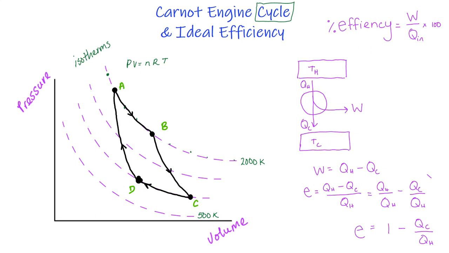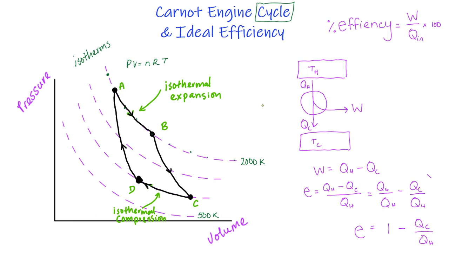What we see from state A to state B, we've stayed on the same isotherm, so this is going to be considered an isothermal process, as is C to D because it stays on its own isotherm. So this is another isothermal process. But we want to distinguish the two by the direction of this arrow. This is going to be an isothermal expansion, and this is going to be an isothermal compression.